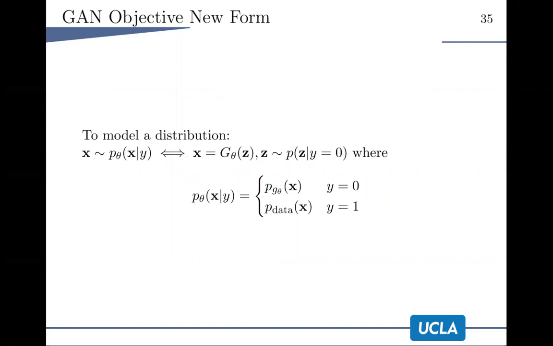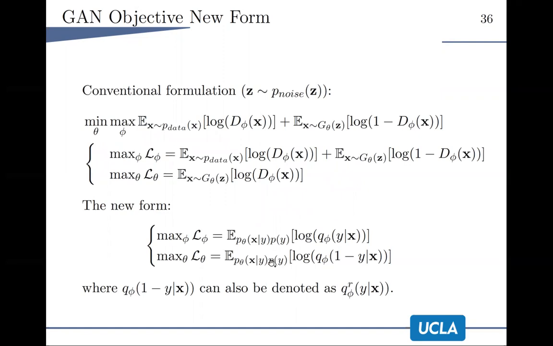If it's from the real data, then y is 1. If it's synthetic data, then y is 0. This is how we get rid of the expressions of G_theta, p_G_theta and p_data all the time. We try to unify it into p_theta(x, y), and that's it.